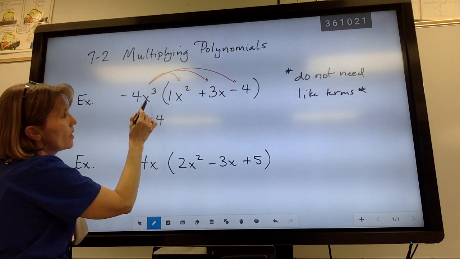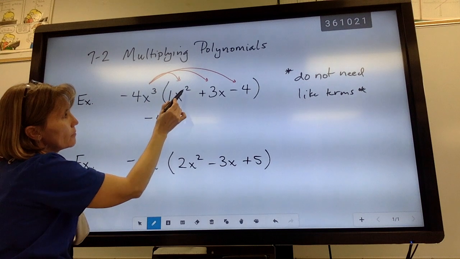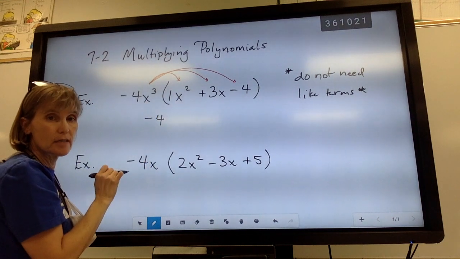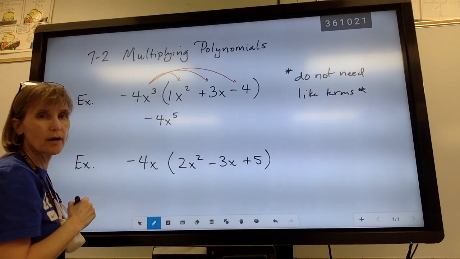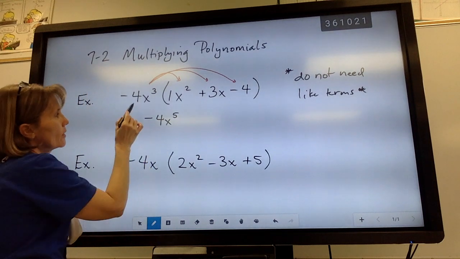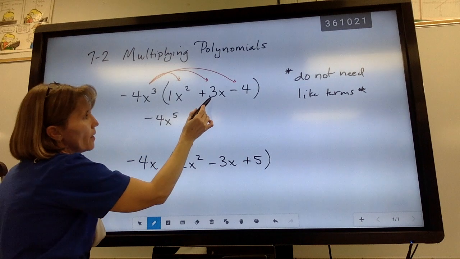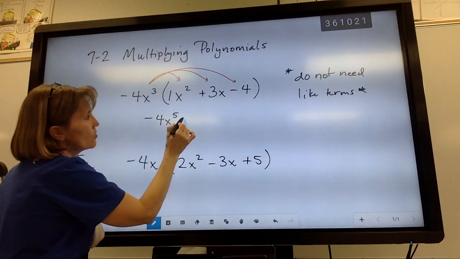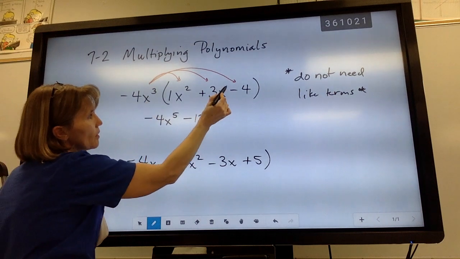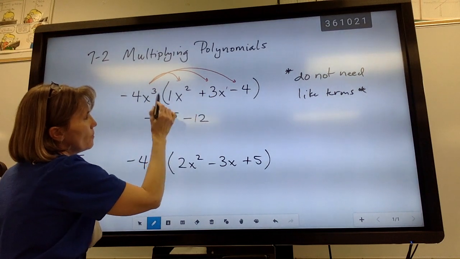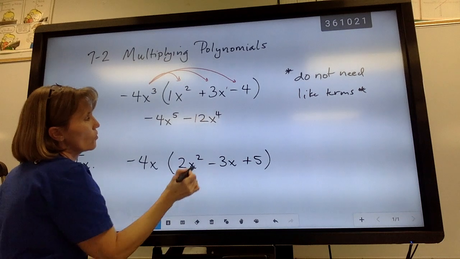That's -4. And when I multiply x to the third times x to the second, they have the same base, so I add their powers. That's going to be a -4x to the fifth. When I take a -4 times a +3, I multiply the coefficients. I get a -12. But when it comes to the bases, we've got base of x, so I'm going to add the powers together and get x to the fourth.